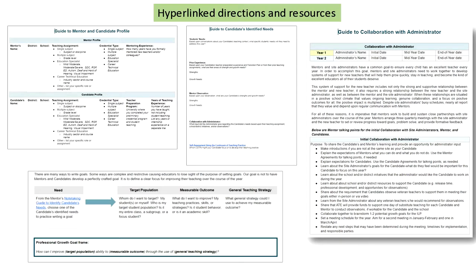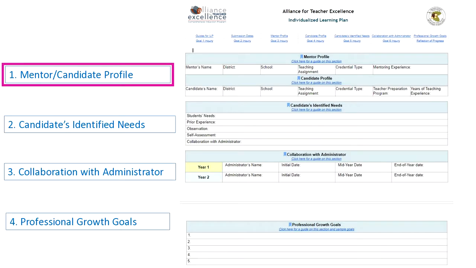Here are some examples of the resources available when you click on the links in the ILP template. The hyperlink for the mentor and candidate profiles will provide a resource that gives you several response options.